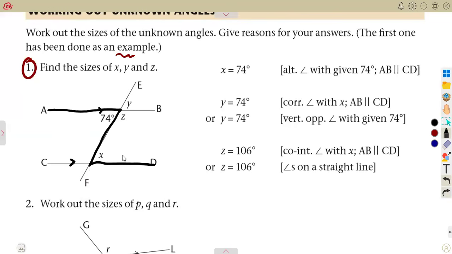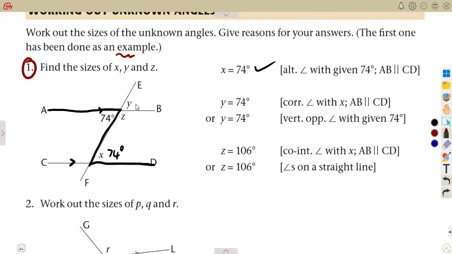They are equal. So if this is 74, X is also going to be equal to 74. They are alternate angles, given 74 degrees. From which concept? The parallel lines. Remember, this symbol is short for is parallel to. AB is parallel to CD. So we've got angle X.